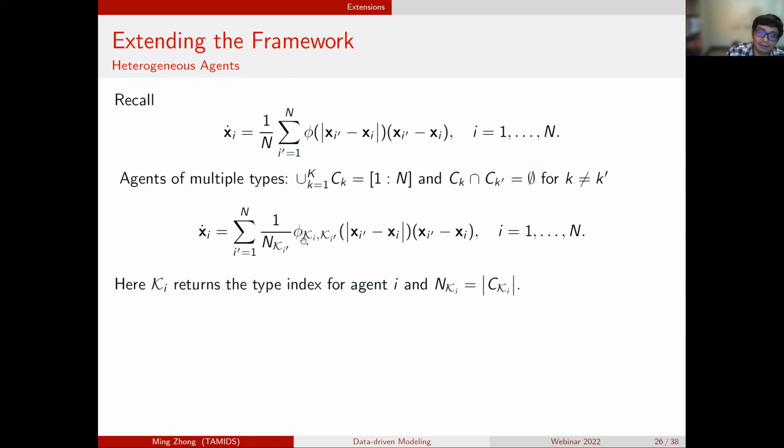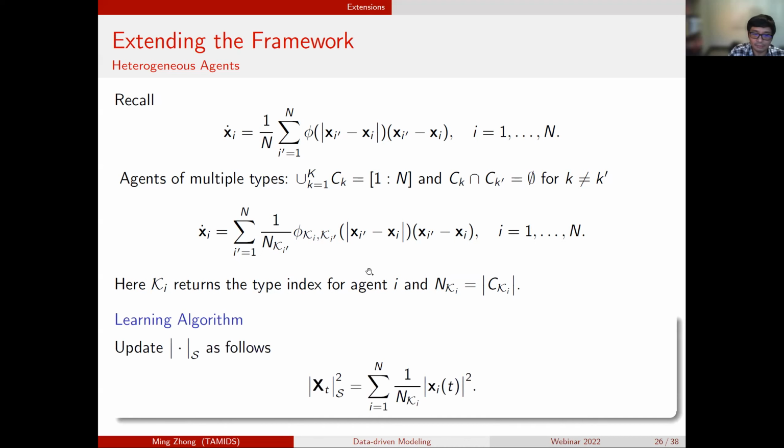So phi_{k_i k_i'} means this interaction is from the agents x_i' in type k_i' acting on the agent x_i in type k_i. If you have capital K types of agents, you have a total of K squared different interaction kernels. And n_{k_i'} here is just the number of agents in the type that i' belongs to. Then you would think, well, once we build everything with this tight dependence into the interaction law, how will you actually learn that?